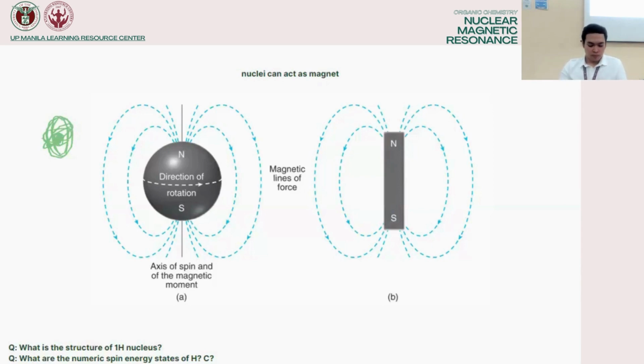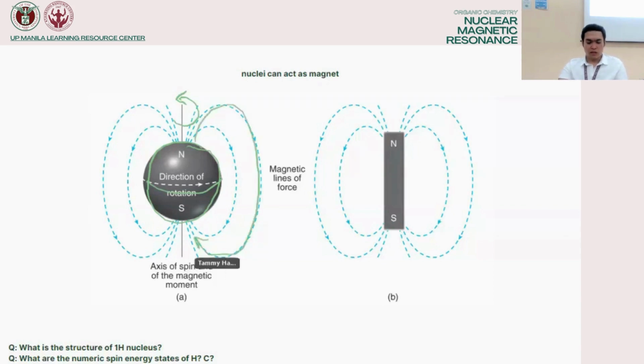Tingnan natin. Your nuclei can act as a magnet. For example, this is your nucleus, and it spins. For example, this is your axis. Iikot yan na ganun. As it rotates, ito yung direction of rotation, it induces magnetic lines of force, a magnetic field.